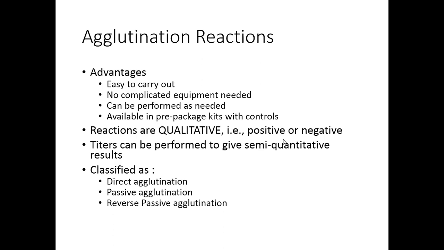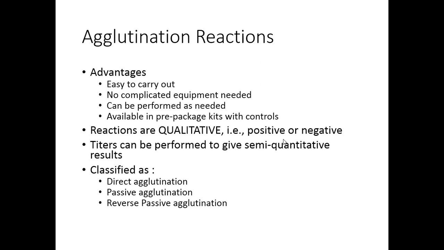Really simple, because the complexes formed are very large and visible to the naked eye. No complicated equipment. You can perform them on an as-needed basis, and they're frequently available in prepackaged test kits that come with the quality control material right there.